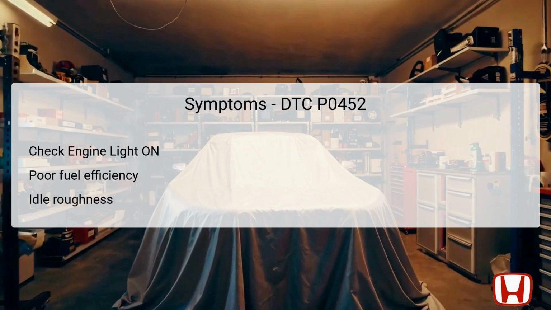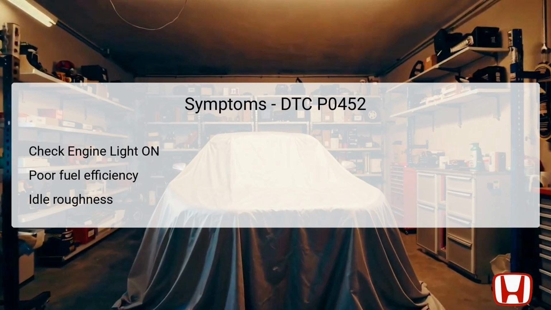Recognizing symptoms associated with DTC P0452 is critical for timely diagnosis and repair. The most common indicator is that the check engine light will illuminate on the dashboard, alerting the driver to an issue. Additionally, the vehicle may exhibit poor fuel efficiency, stemming from improper fuel vapor management due to sensor failure.